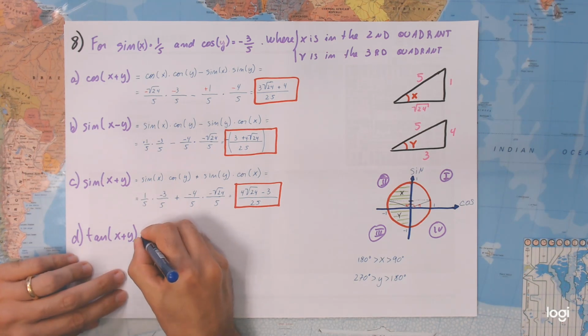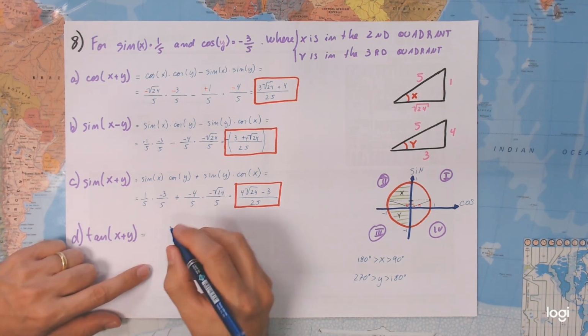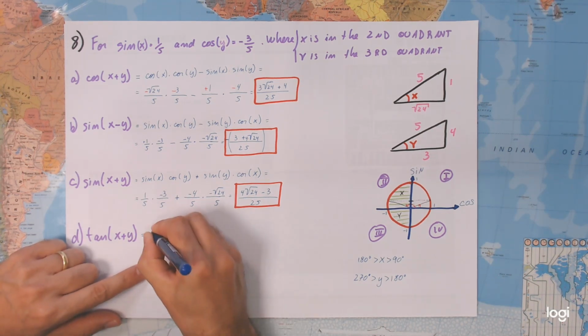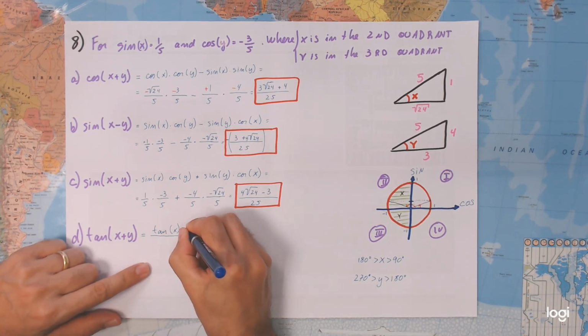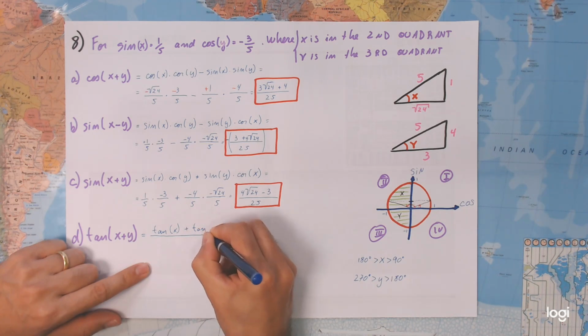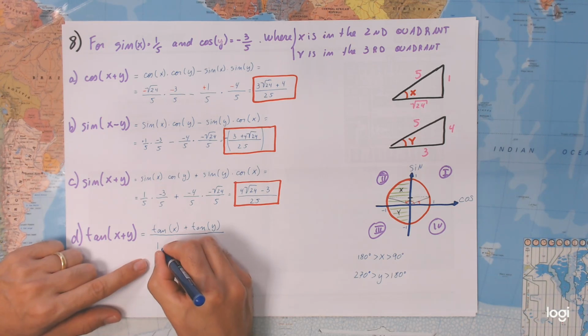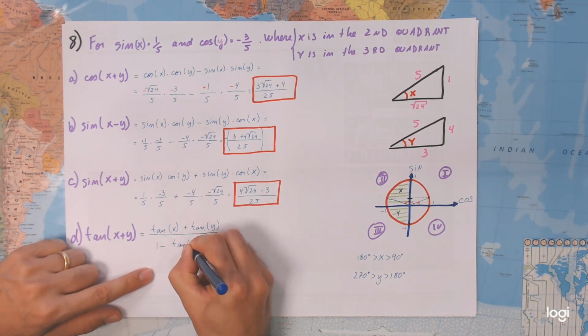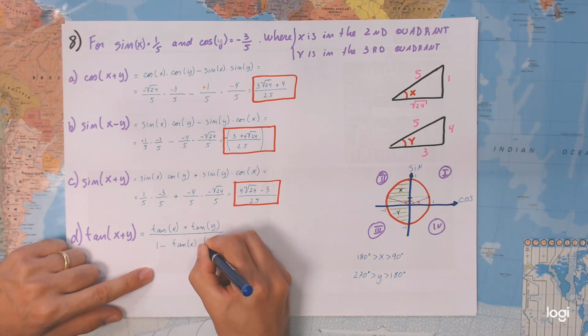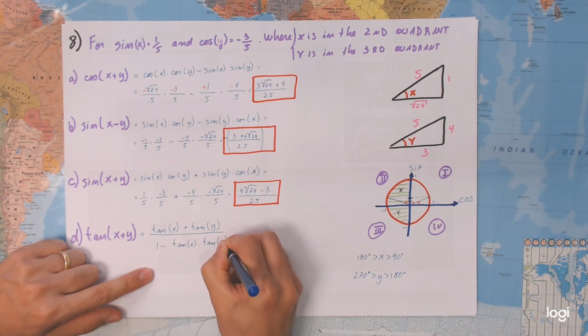So let's copy the formula: tangent of x plus tangent of y over 1 minus, remember, 1 minus, multiply them, tangent of x times tangent of y.